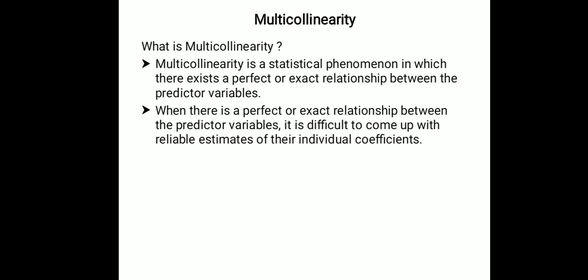In the previous cases, we have considered that there is no relation among them. In the crop yield example, y is crop yield, y equal to beta 1, which is the constant or intercept term, plus beta 2 x1, plus beta 3 x2, plus beta 4 x3, plus ui.